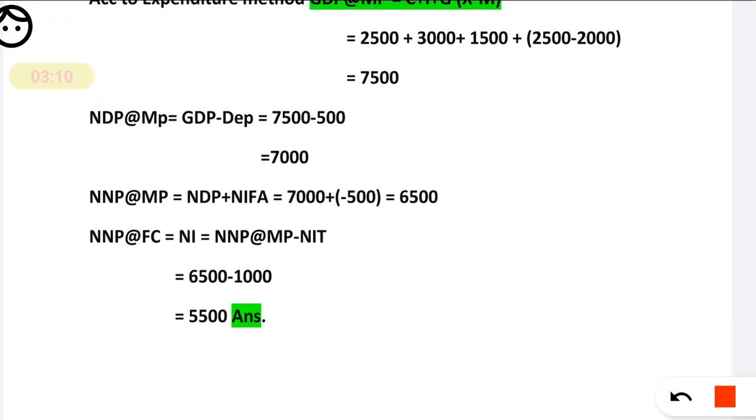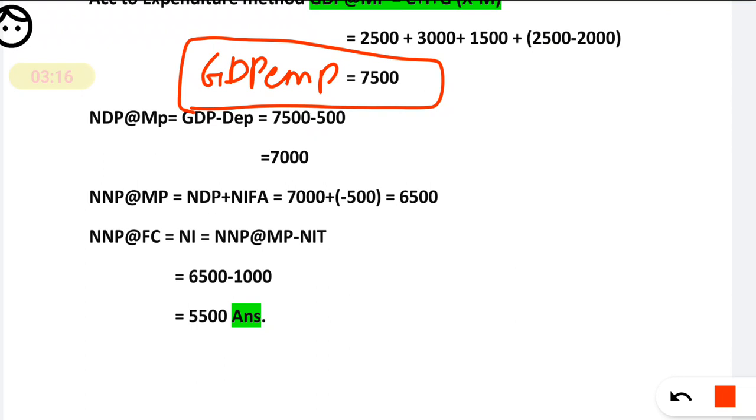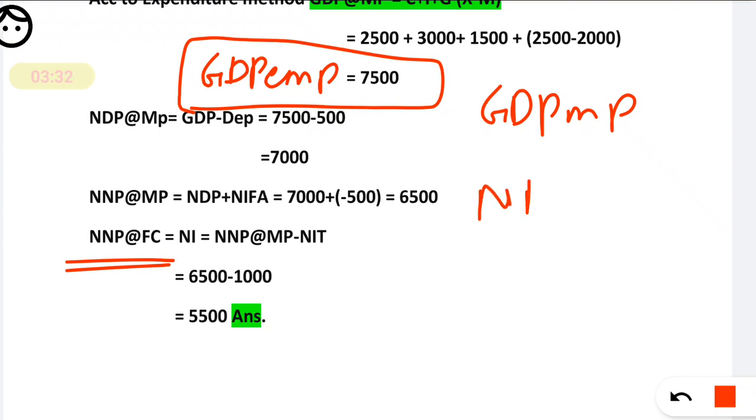We have computed the GDP at market price. Whatever GDP you compute is always at market price. Now, we have GDP at market price, and we have to reach the NNP, that is net national product at factor cost, that is national income. Now from GDP you can calculate NNP.